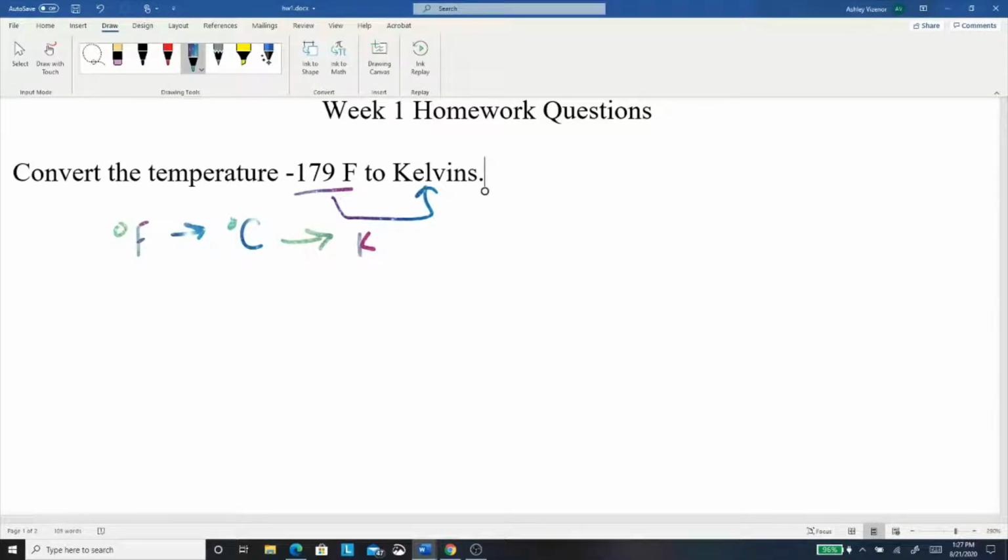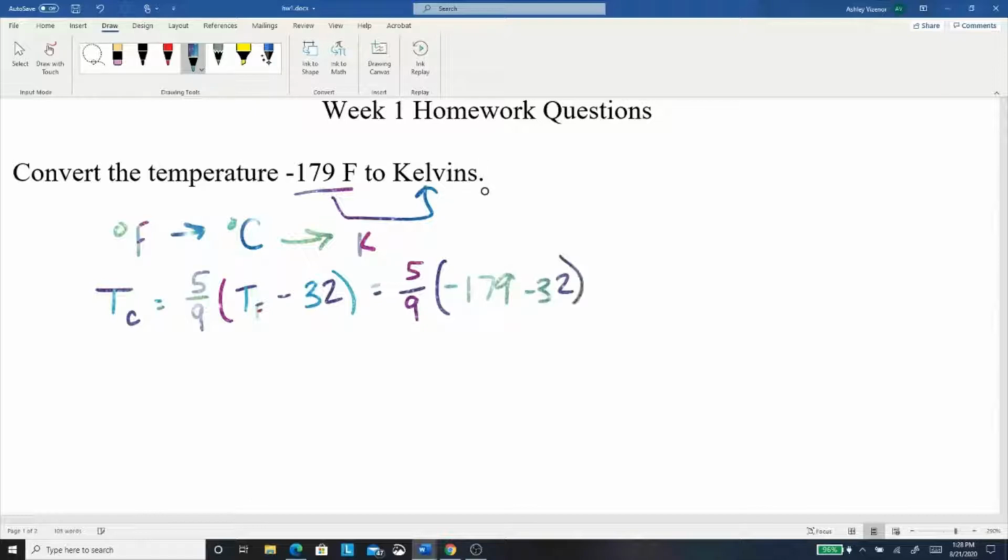So the first part to do, degrees Celsius, when you look in your book, it does give you the conversion equation, or it's also in the lecture slides. So our temperature in Celsius is equal to 5/9 times our temperature in Fahrenheit minus 32. So we're going to plug and chug into that. So we have 5/9 times negative 179 minus 32.